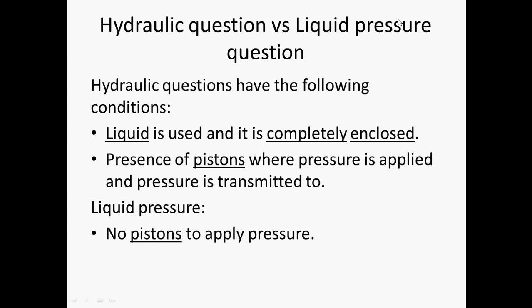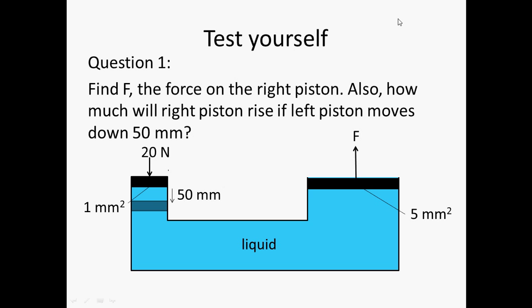Okay, so let's do one hydraulic question now. Now imagine I have enclosed liquid. See, the liquid is enclosed here. The liquid cannot go anywhere, and you apply a force of 20 Newton on the left piston, which has an area of 1 mm square. What is the force F that will be experienced on the right piston, which has an area of 5 mm square?